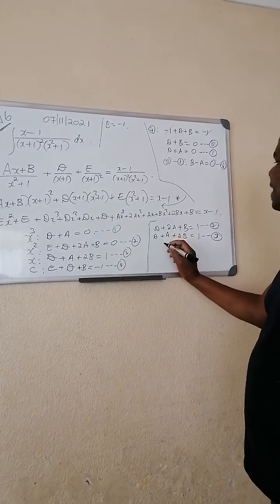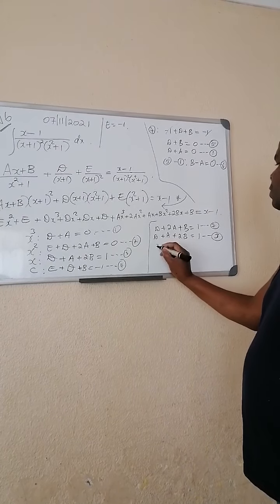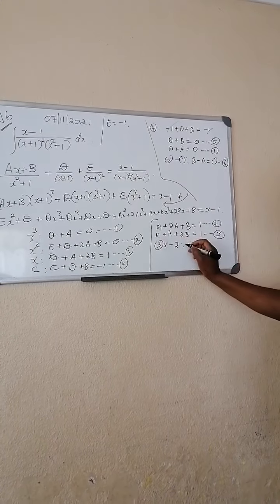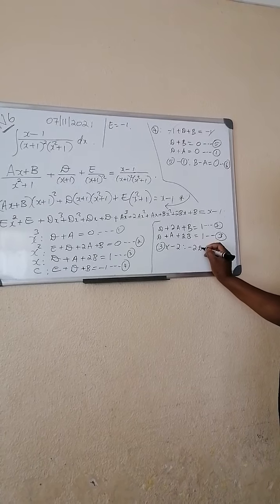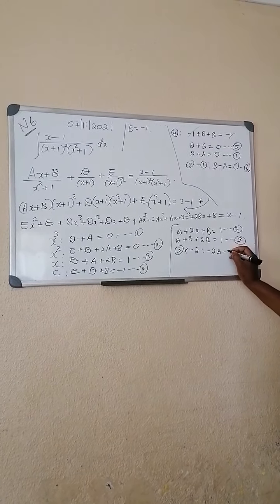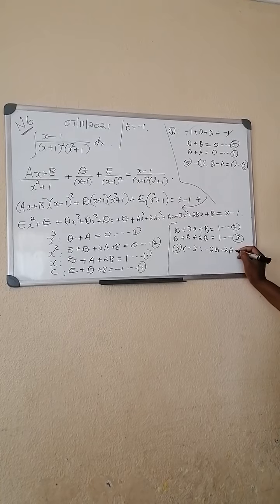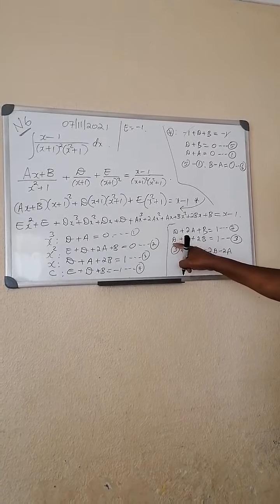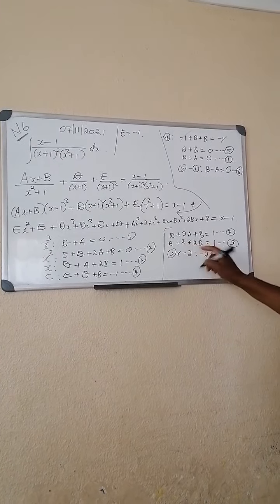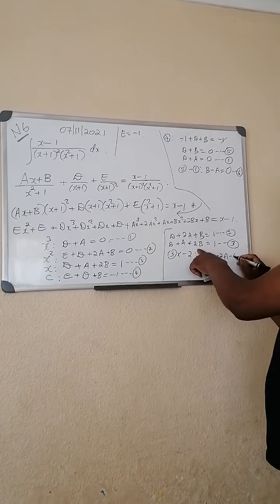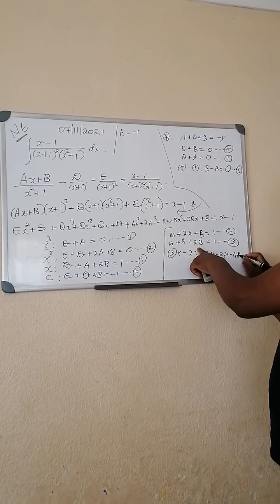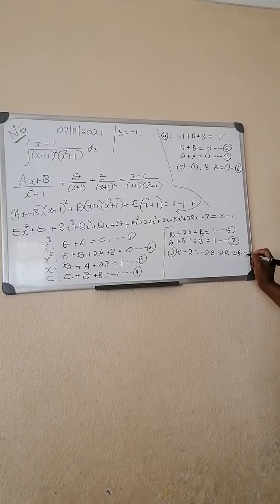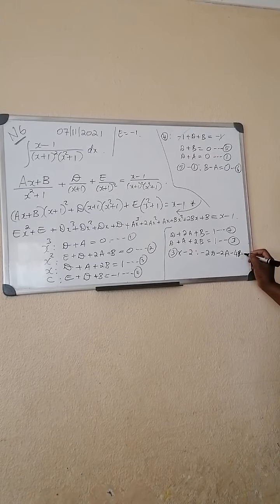If I eliminate A, then I can go to equation 3 and multiply it by minus 2. I've got therefore minus 2D minus 2A minus 4B equals minus 2.